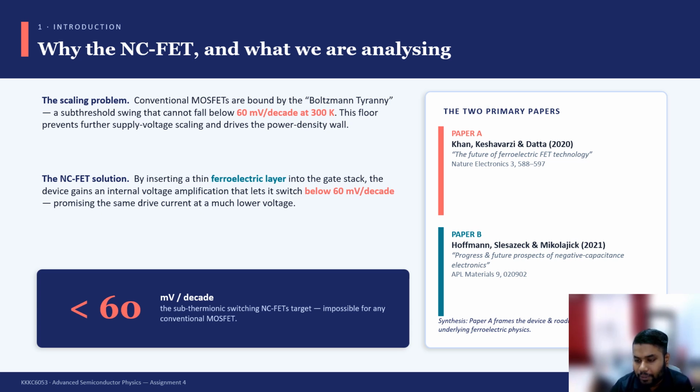Paper A, by Khan in Nature Electronics, gives the device and technology roadmap. Paper B, by Hoffmann and Ecologic, provides the material physics foundation. Together, they let me synthesize both the what and the why of this technology.